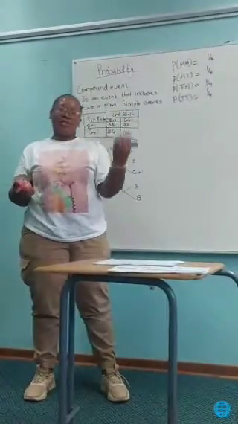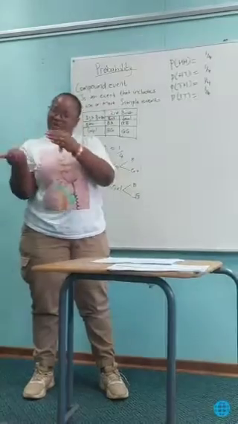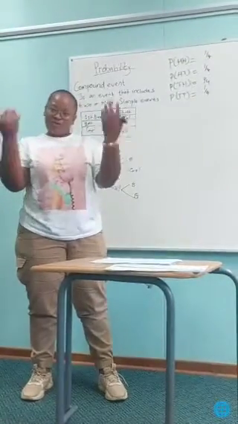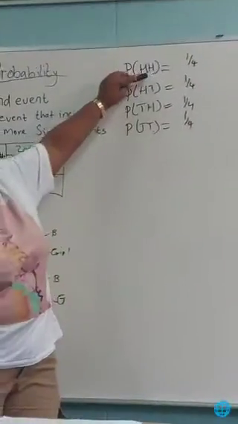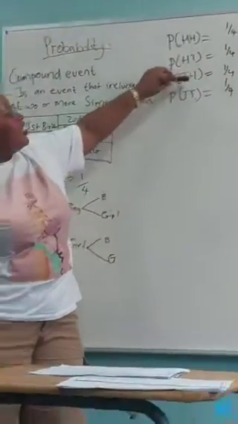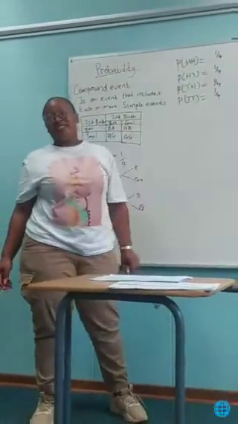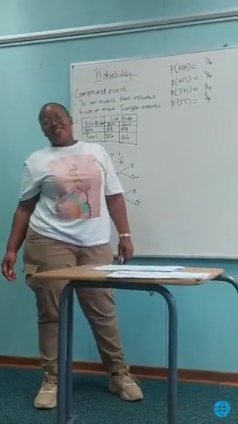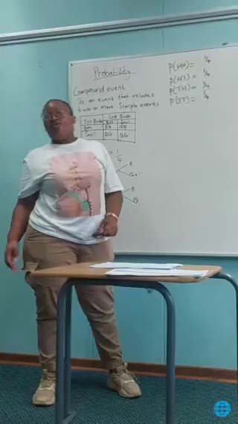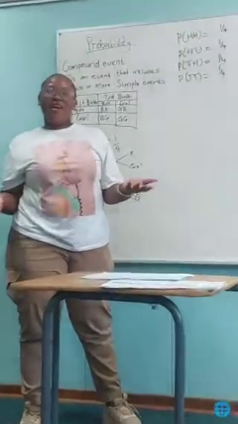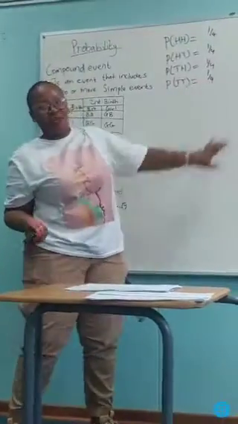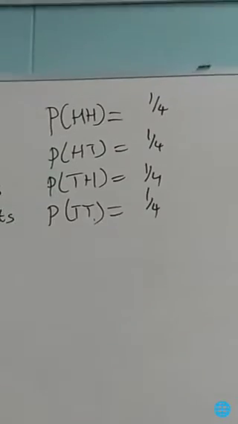A coin has 2 sides, another coin has 2 sides: head and head, head and tail, tail and head, tail and tail. It's our sample space, meaning our sample space is 4. Are we together? Yes, ma'am.